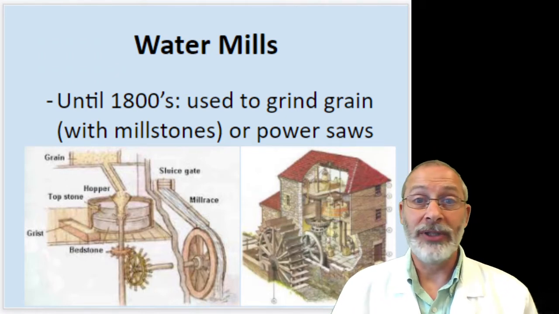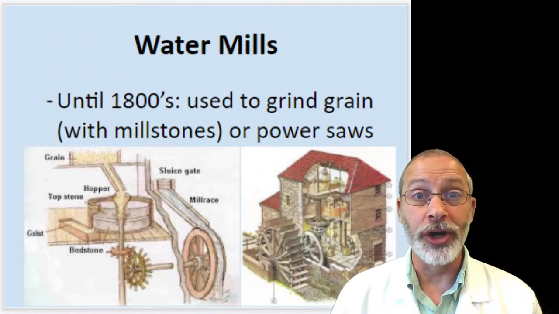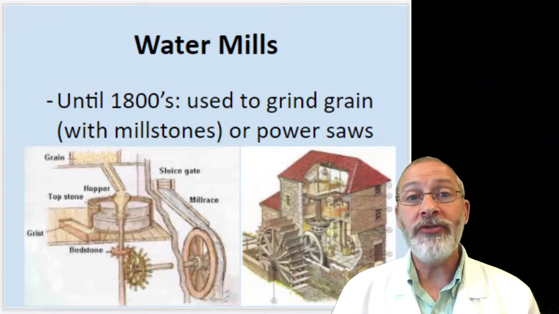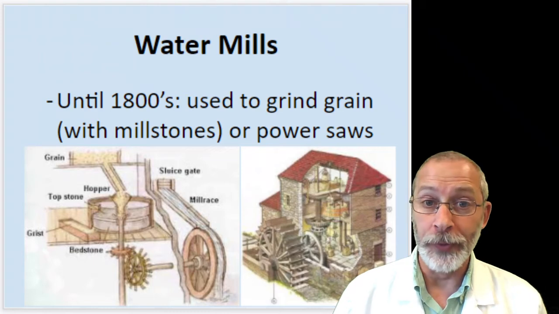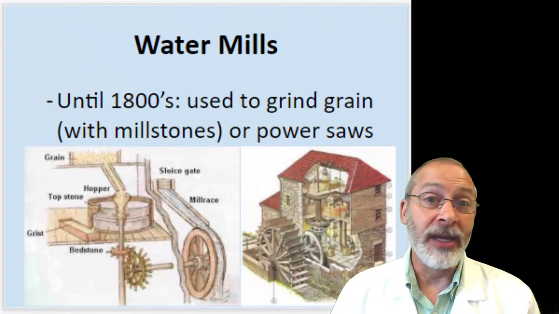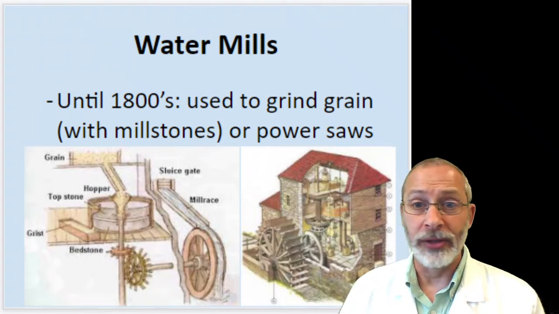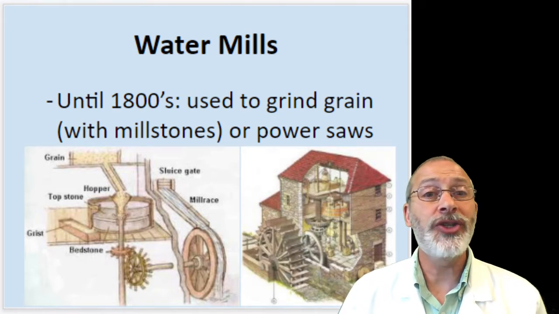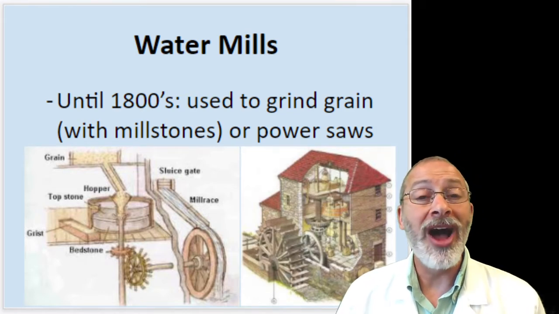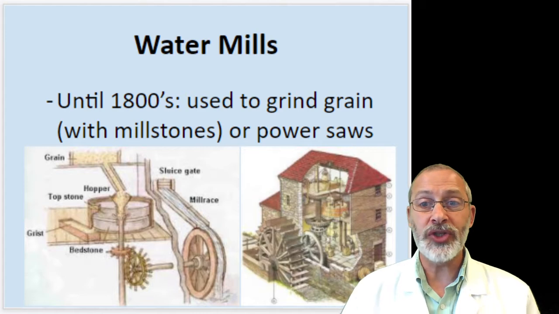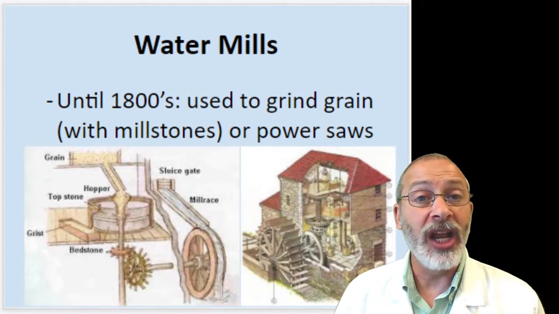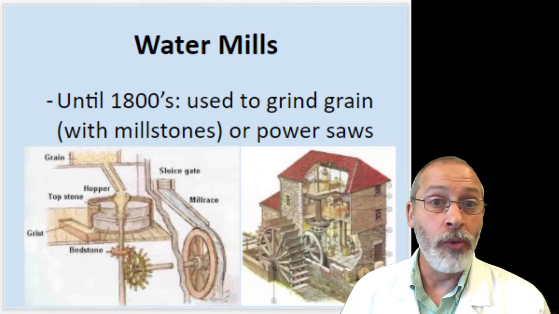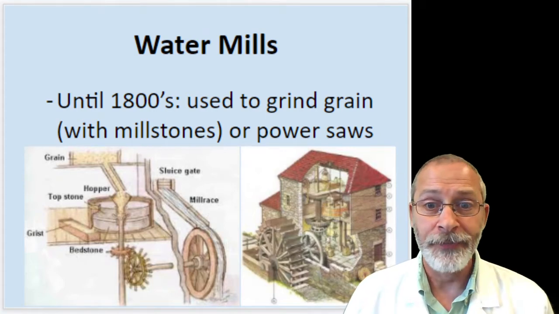Why? Well, you've got a steady supply of fresh water to drink, and you've got a ready supply of moving water to tap into. And until the mid 1800s, water wheels were used almost exclusively to grind grain with millstones, or to power saws, to cut lumber, to build homes and houses and ships.